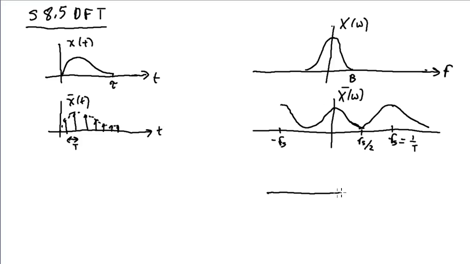And then last time we saw that, well, if we have a sampled version of X over bar of omega, it looks like this. This is fs, and these samples in the frequency domain are f0 apart.